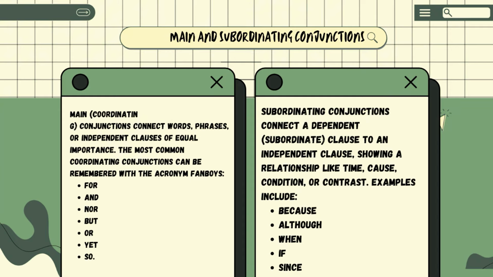F for for, A for and, N for nor, B for but, O for or, Y for yet, S for so. I'll give you some examples of each of FANBOYS.